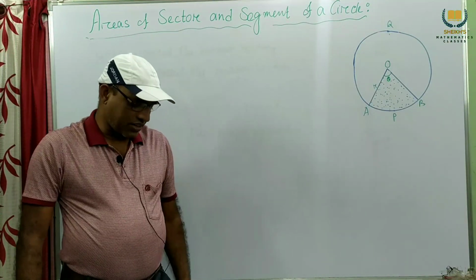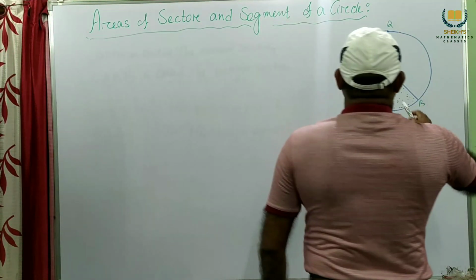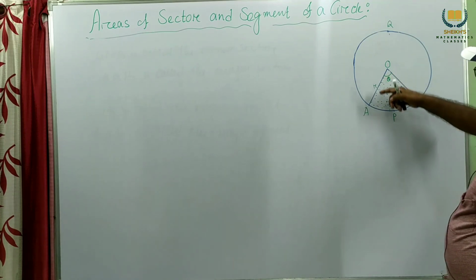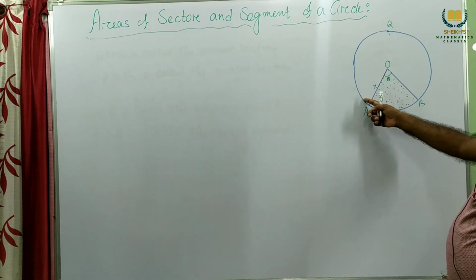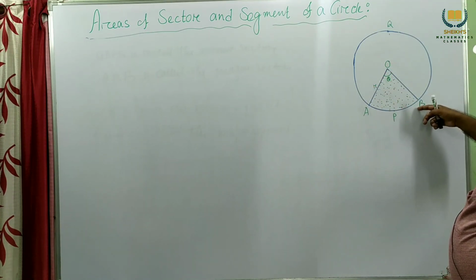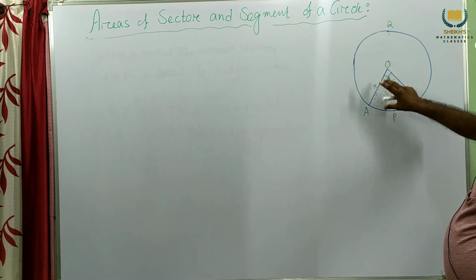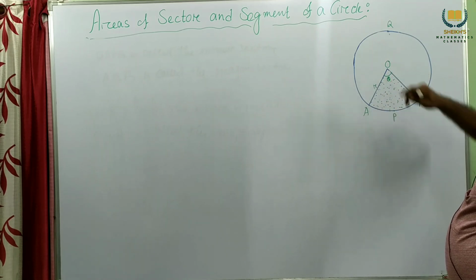So now we consider sector area. What is the sector area? This area, this portion, this radius, this arc, this is sector. So what is the area of this?